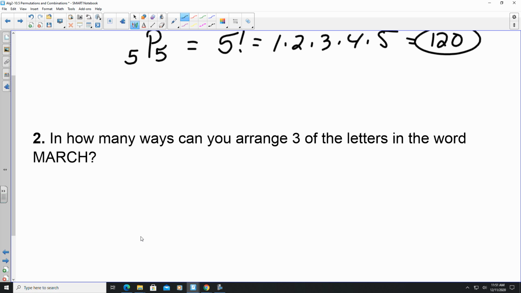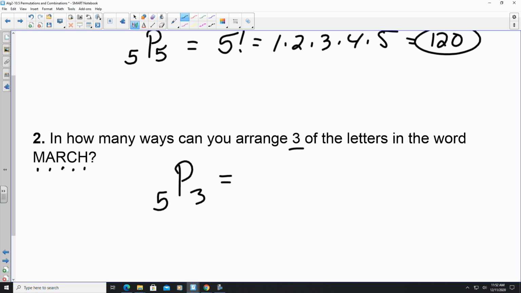For number 2, they want you to figure out how many ways you can arrange 3 of the letters in the word March. So we have 1, 2, 3, 4, 5. This is also 5. So this one is a permutation where we have 5 objects, but we're arranging them 3 at a time.